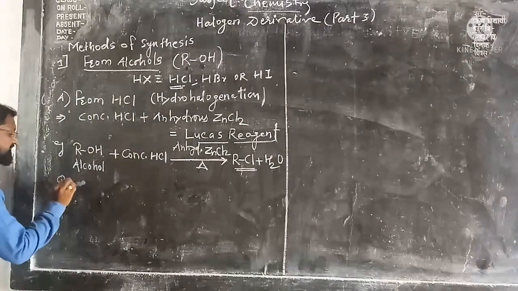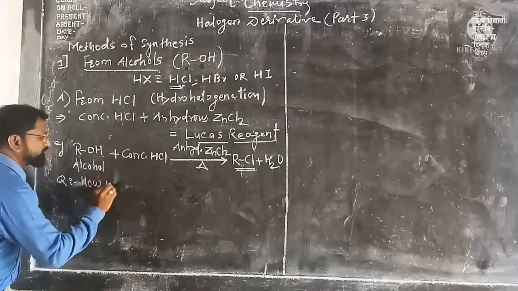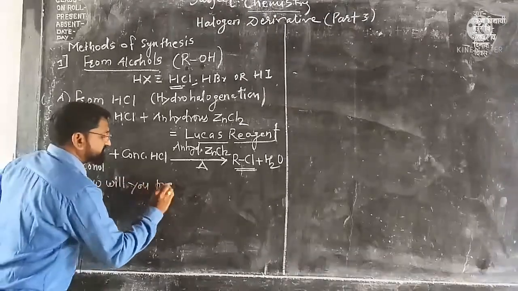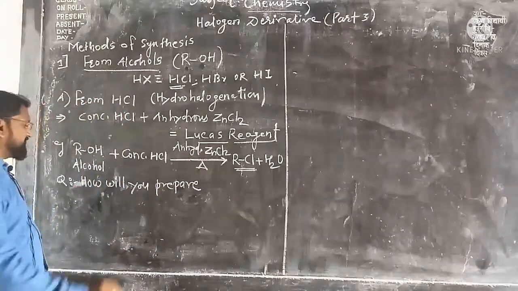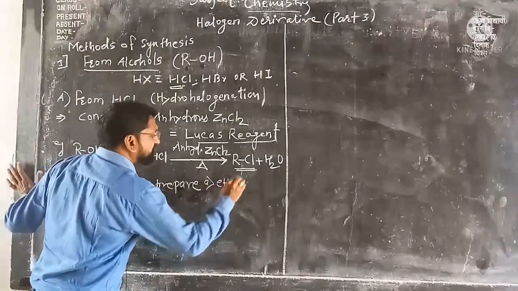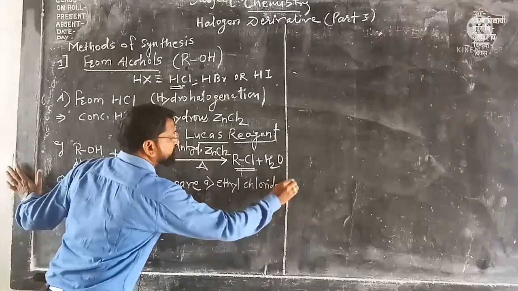Now note the question properly. How will you prepare? This question is very important, an exam oriented question. How will you prepare: number one, ethyl chloride, which is primary, 1 degree.